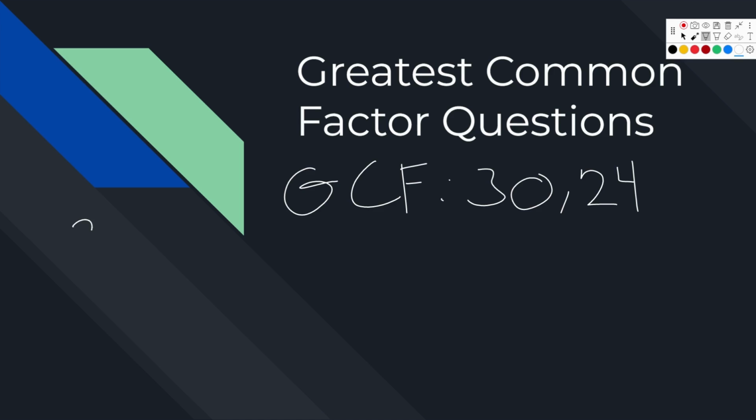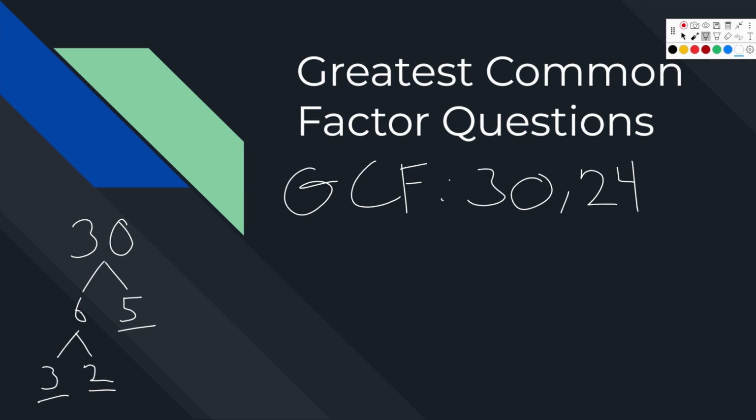So let's say we have the 30 over here, factors of 30. We know 6 and 5 are factors of 30. Then 6 is not a prime number, so we'll factor that as well. And then we get 3 and 2. And so these three numbers are going to be the prime factors.